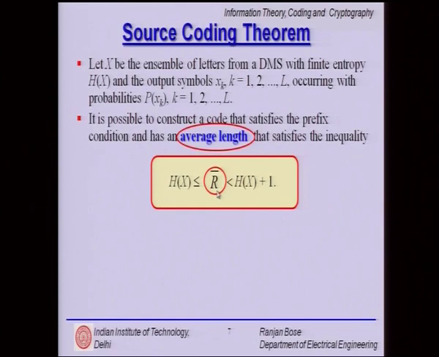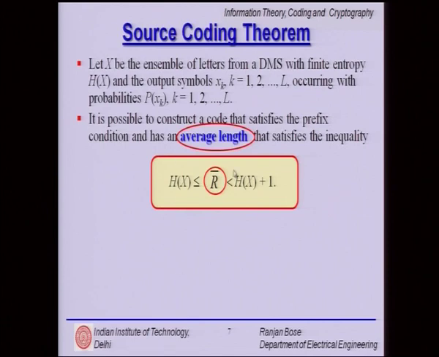The best you can do is to take it down to H(X). But even if you can't, and sometimes it will not be in your control, if it is a prefix code, it will at worst be upper bounded by H(X) plus 1. So, it is off by 1 bit, not too bad.